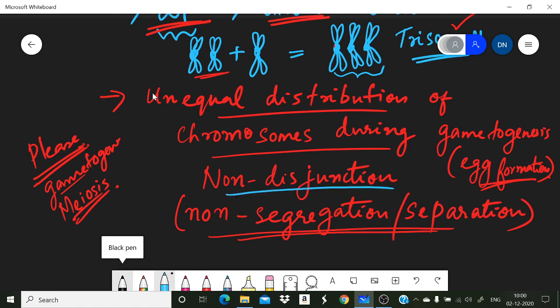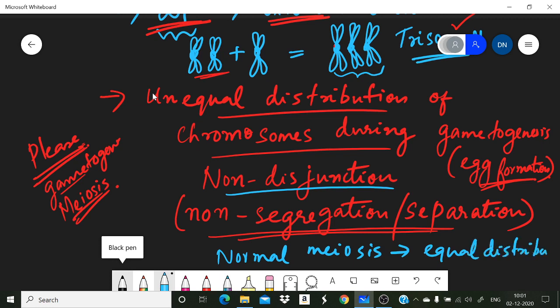Normally, during meiosis, there is an equal distribution of chromosomes to each daughter cell. That everybody knows. In normal meiosis, an equal distribution of chromosomes occurs because of the segregation or separation.